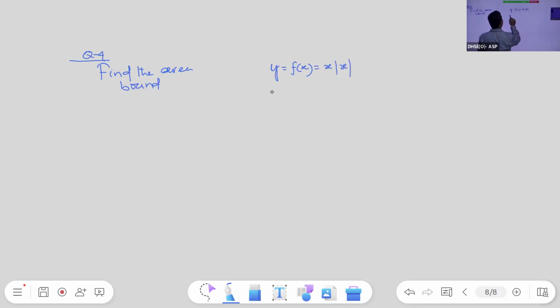To sketch the curve, we have to redefine. So if x is positive, mod x will be x, that is x square, if x greater or equal to 0. If x is negative, mod x will be minus x square, if x less than 0, right?